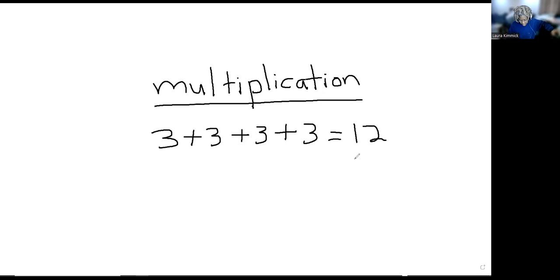Okay, which is just 3 four times. So you take 3 and you multiply it 4 times, you end up with 12. Okay, it also works for large numbers as well. Like 123 times 7 is, and let's do it again.